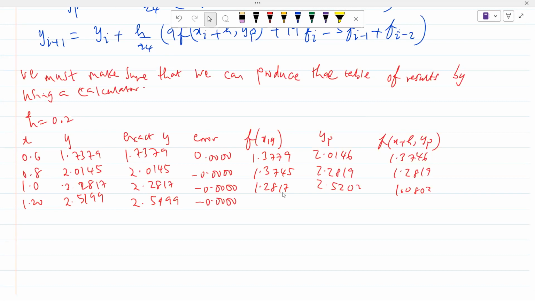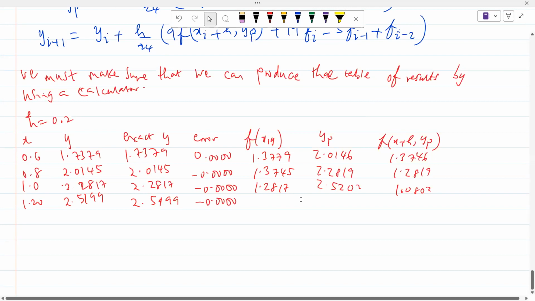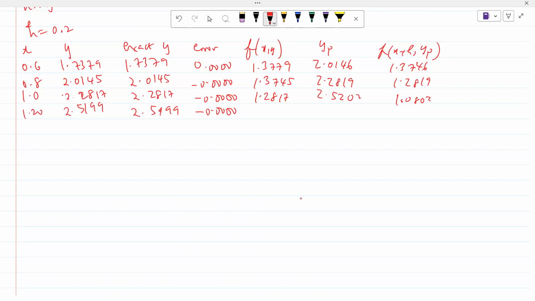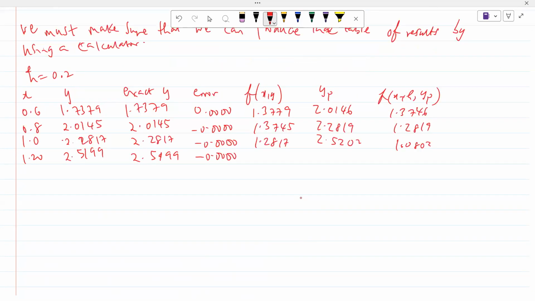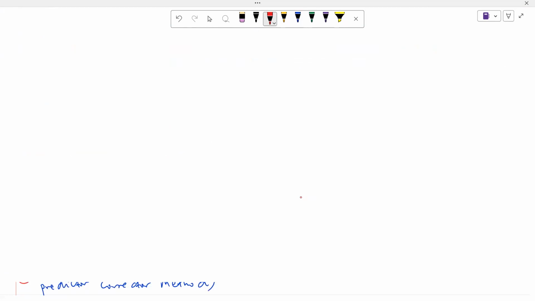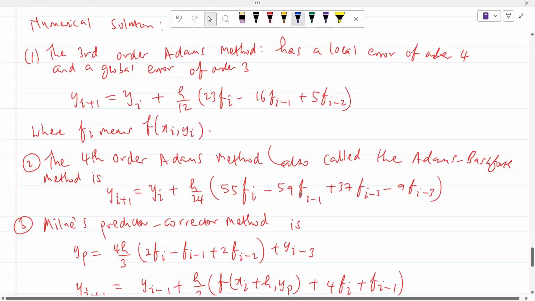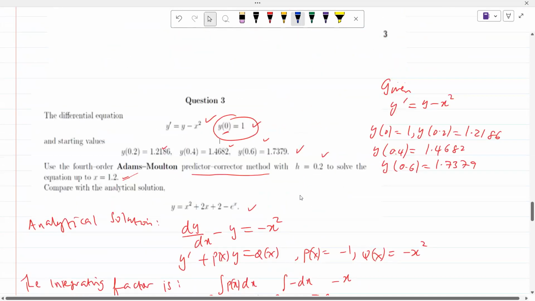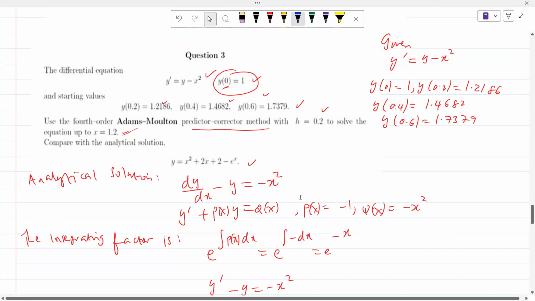I want to mention something else. When the problem is given like this, how do we draw the table?